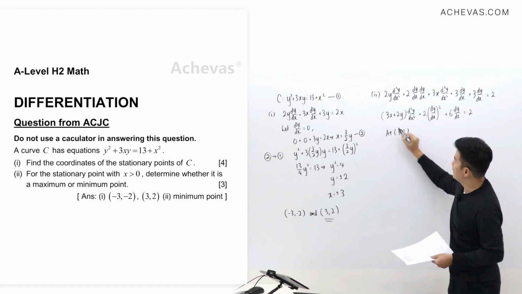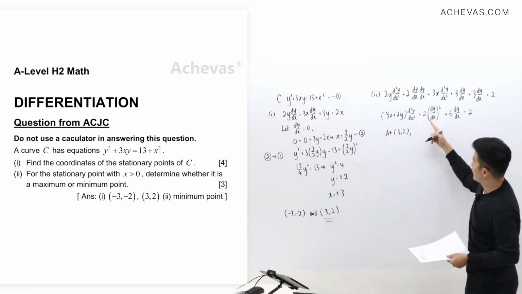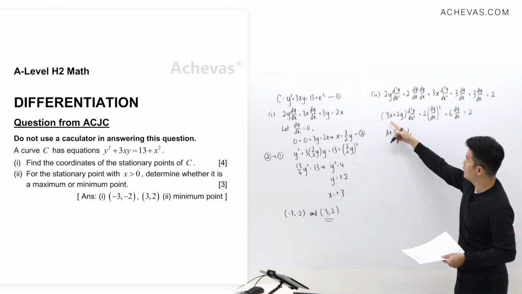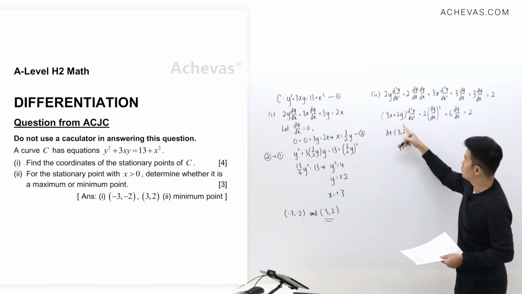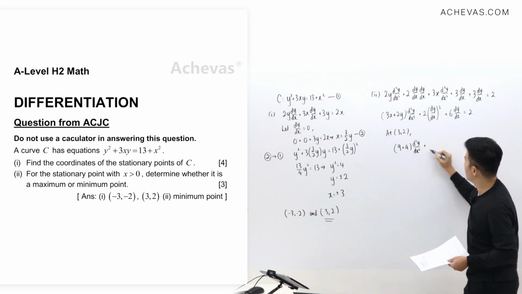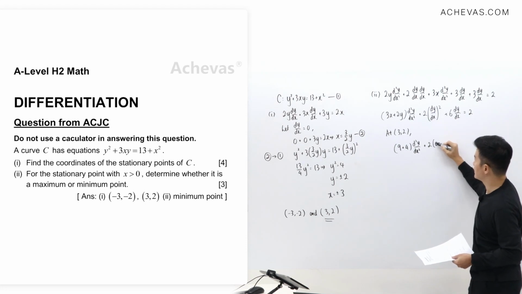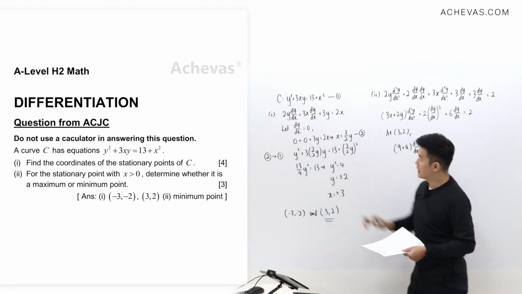So substituting x as 3 and y as 2, and at this point, dy/dx is equal to 0. So we are going to replace all the dy/dx by 0. We will be getting 3 times 3, that will be 9, plus 2 times 2, this will be 4, of d squared y/dx squared, plus 2 times this, as mentioned, at 3, 2, dy/dx is equal to 0.